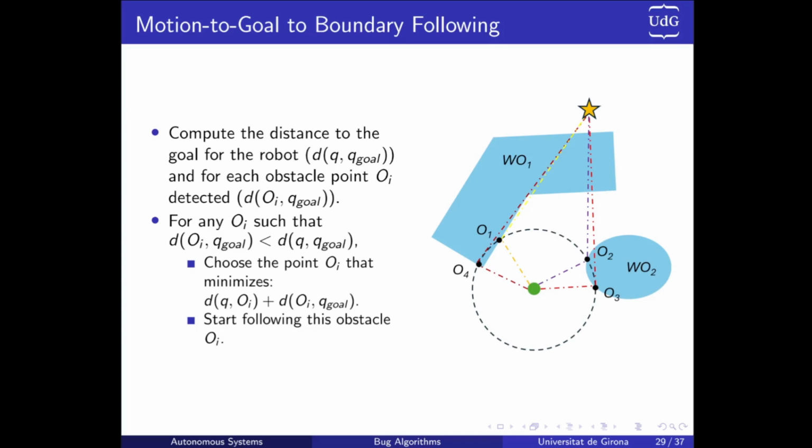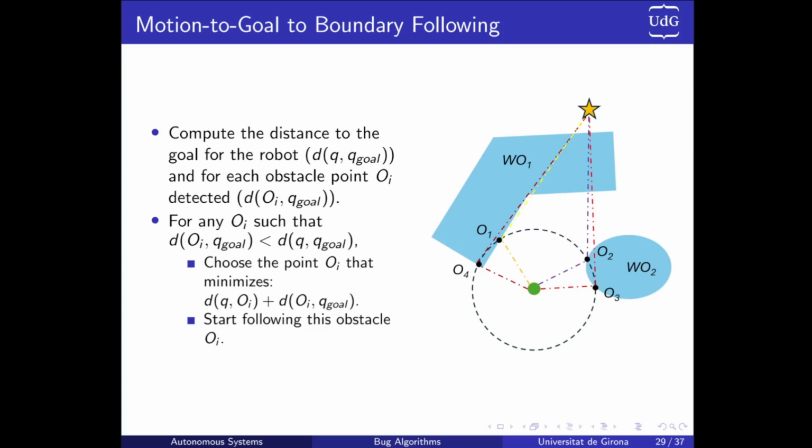Okay, then here I need to compute the distance from the goal to the robot. This is the distance. Q is the current position of the robot. Q goal is the position of the goal. And then for each one of these O1, O2, O3, or O4, whatever, check if the distance between them and the goal is smaller than the distance of the robot to the goal or not.